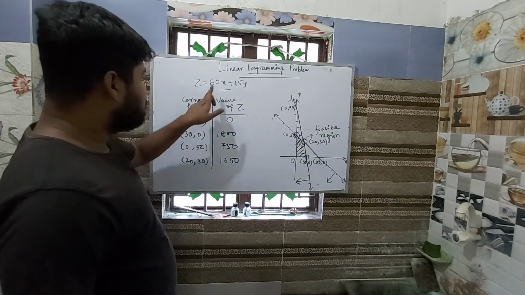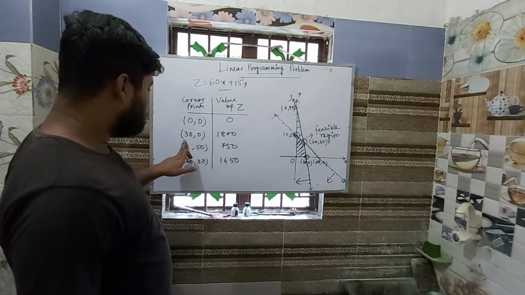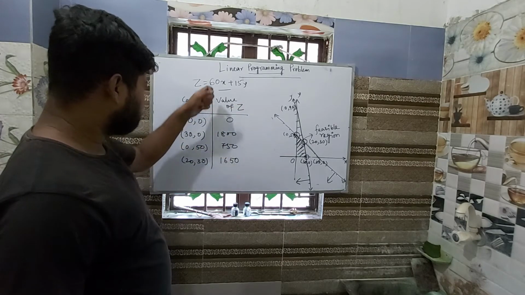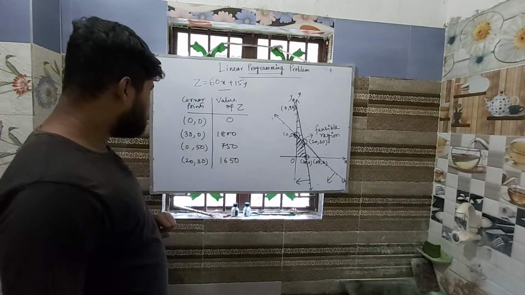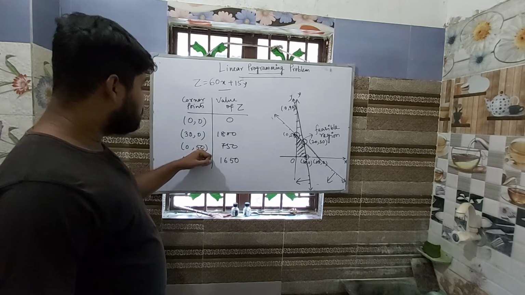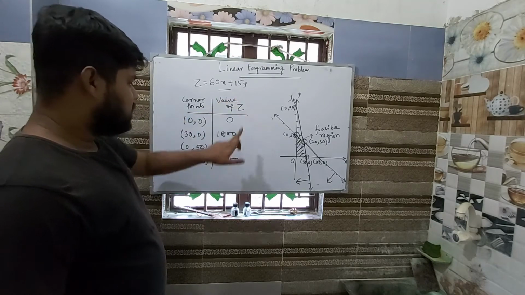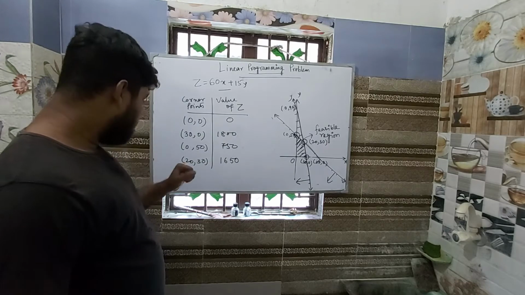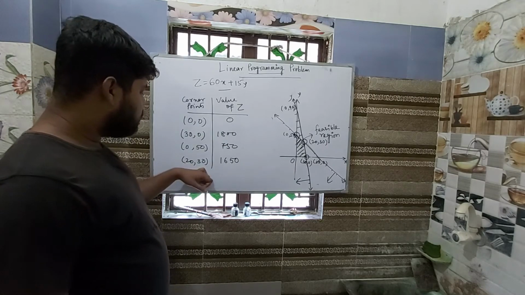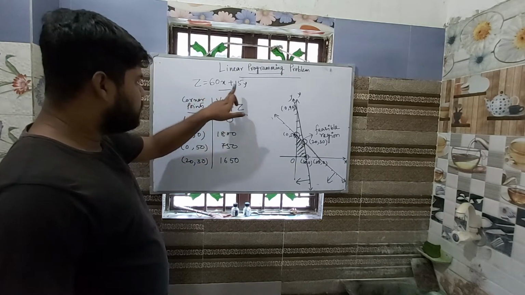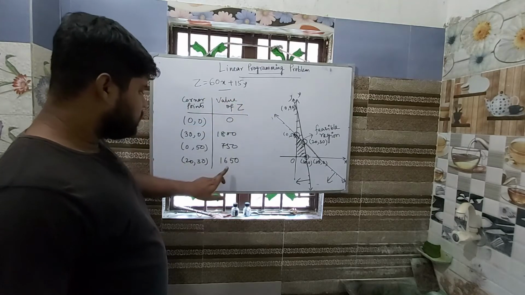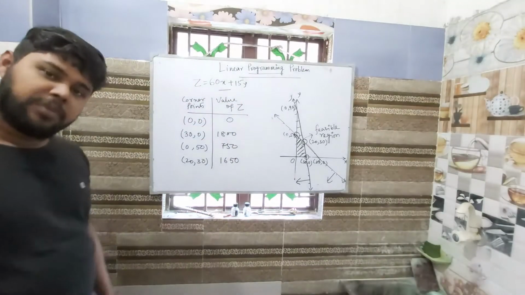So 0 is this, 30, 0, 60 into 30, 1800, 0, 50, that is 750, and 20, 30, 1200 plus 450, that is 1650. Fine.